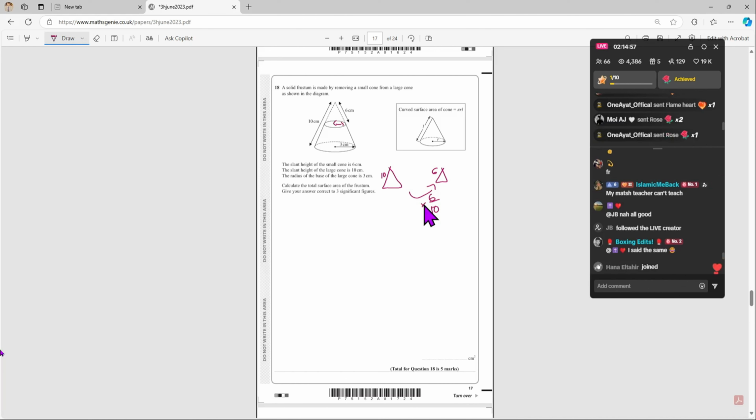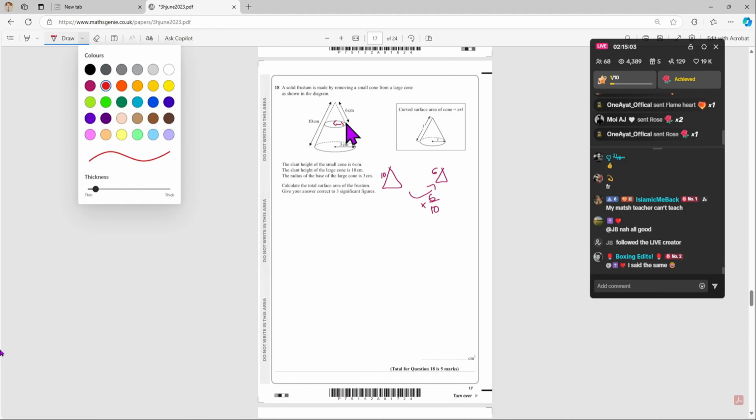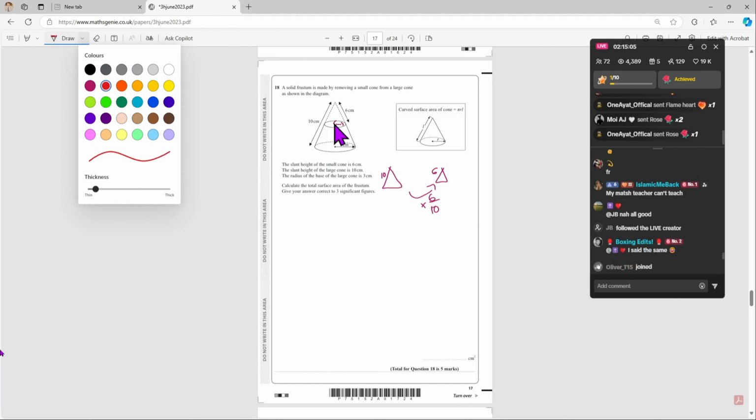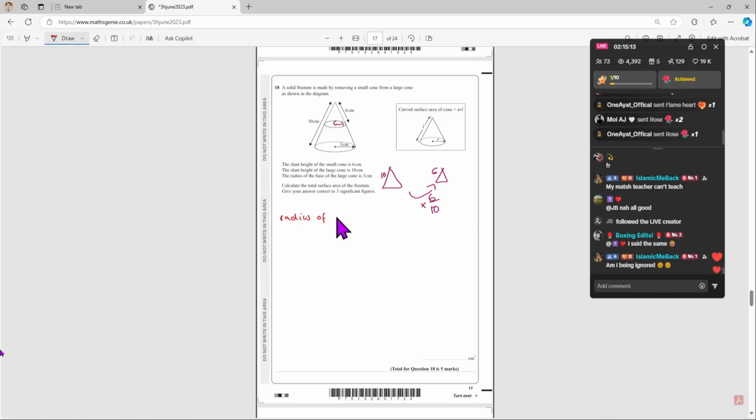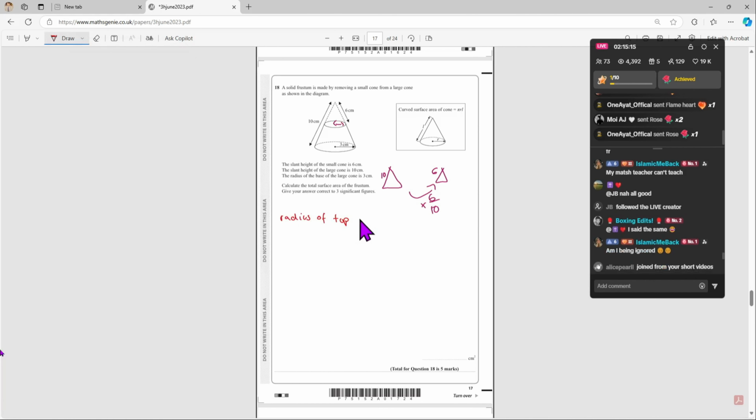Let's remember that. Now we have to work out the radius of the top, this specific radius over here. The radius of the small cone is going to be 6 over 10 times the radius of the big circle, which is 3.